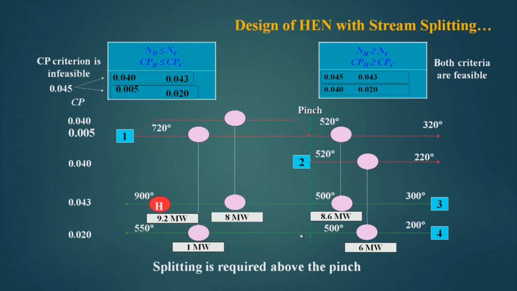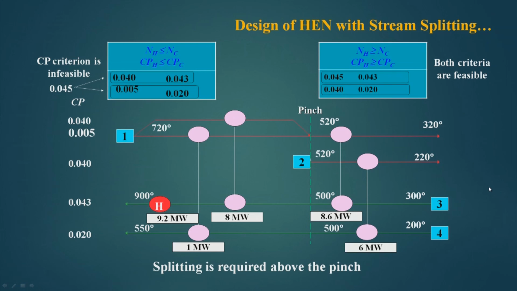Now, let us check here, this is 500 minus 200 into 0.02, which comes out to be 6 megawatt. So, the heat absorbing capacity of this cold stream is 6 megawatt. So, this is ticked and this is ticked, this is also ticked.